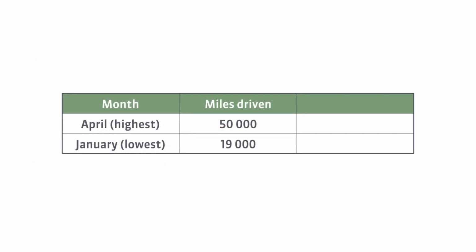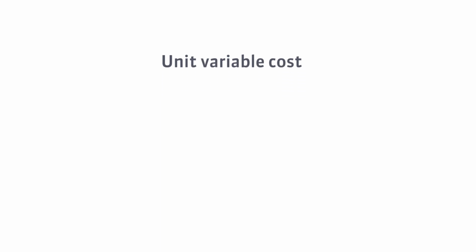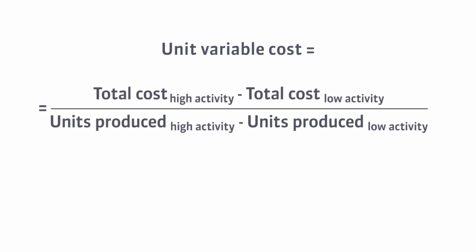High activity is 50,000 miles in April, and low is 19,000 miles in January. Maintenance costs for high and low activity are $62.5 thousand and $25.3 thousand, respectively. To figure out the variable cost per unit, we need to divide the change in total cost by the change in activity.